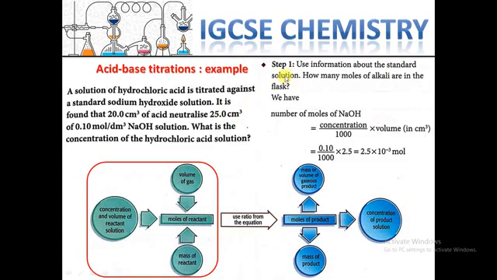Okay, for this question, step 1 is information from the question: how many moles of alkali are in the flask, or in our laboratory dish? The number of moles of sodium hydroxide can be taken from concentration divided by 1000 and multiplied by volume, because we have the volume.